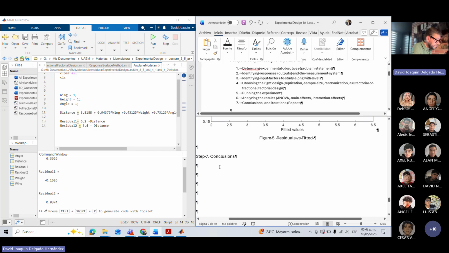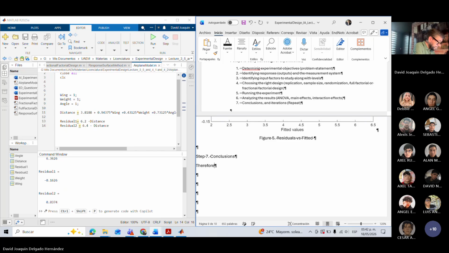Well, the conclusion is that, therefore, wing length and launch angle matter. So these are two very important factors in order for the airplane to reach a longer distance.